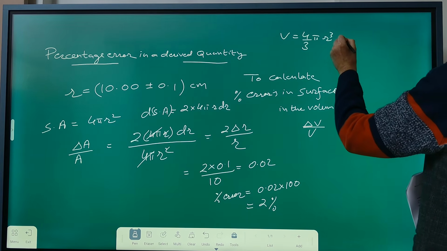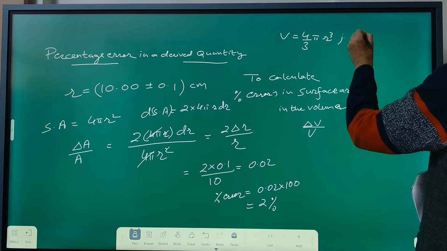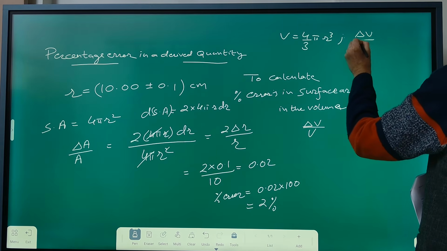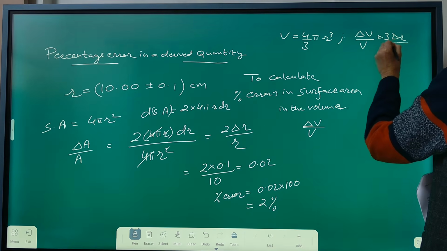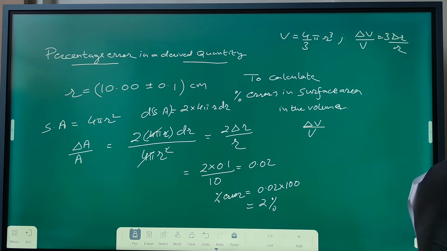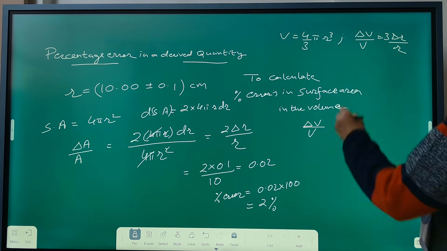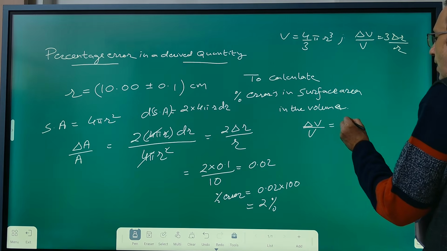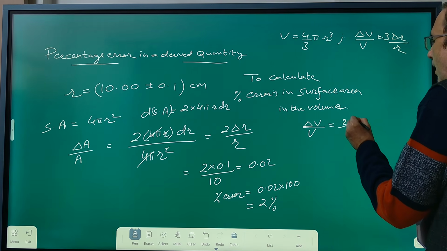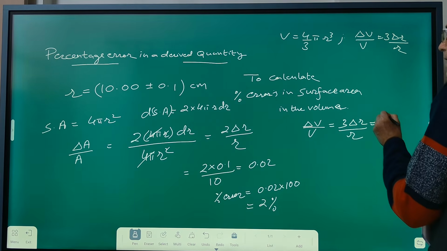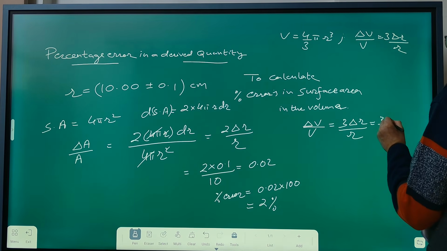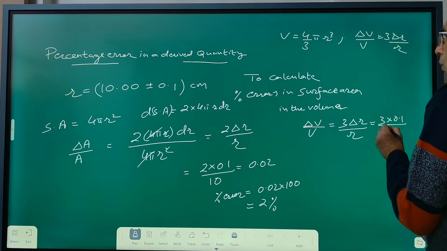Then just taking the derivative, delta V over V would be equal to 3 delta R over R. So you can calculate 3 into delta R over R, which is equal to 3 times 0.1 over 10.